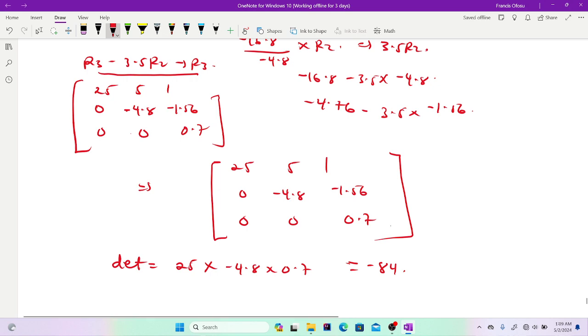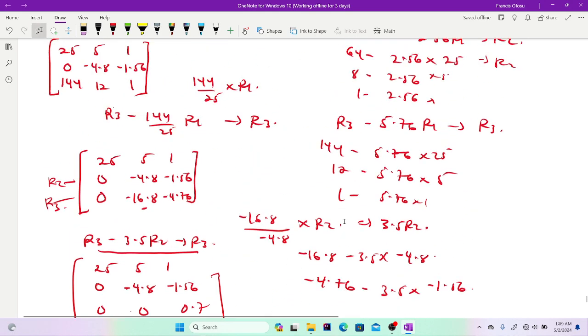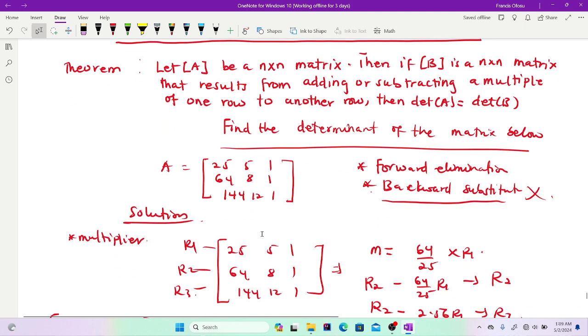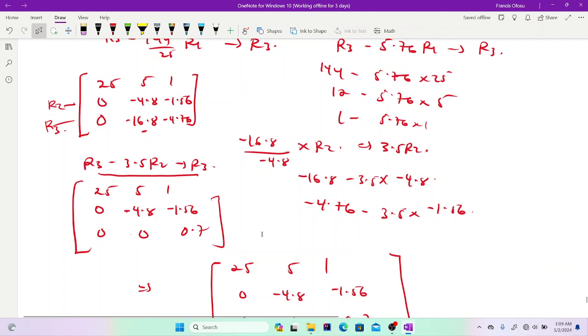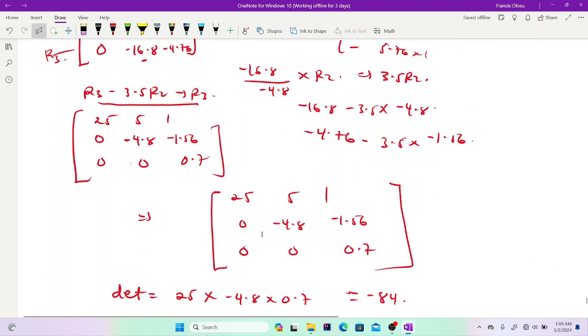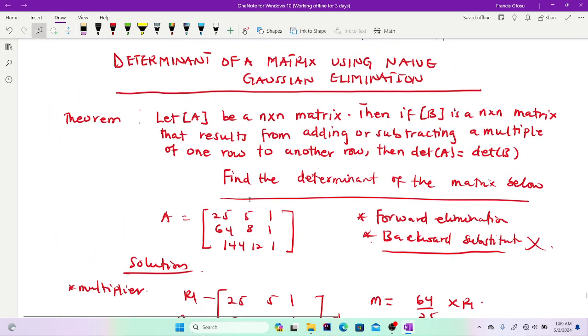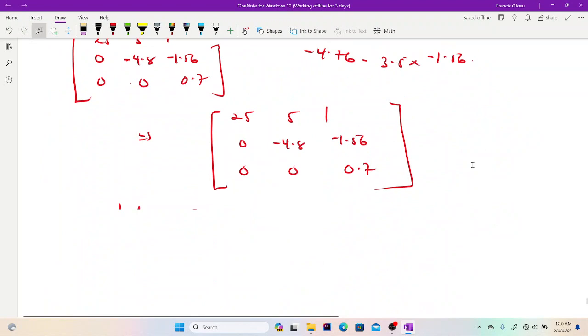But the matrix given wasn't this matrix. The matrix given in the question was A, which was in this form. But we have performed row operations simply by multiplying one particular row and subtracting it from the others. That satisfies our theorem that if B was formed as a result of adding or subtracting a multiple of one row to another, then the determinant of A is equal to the determinant of B, right?